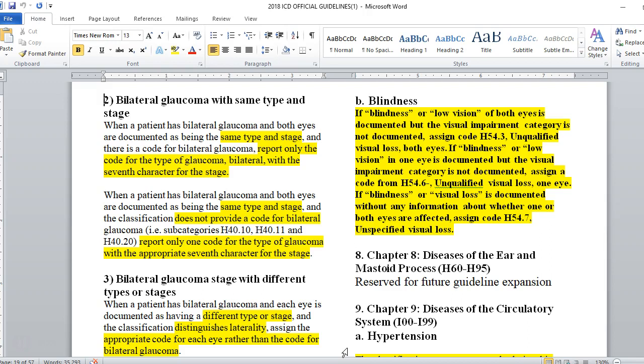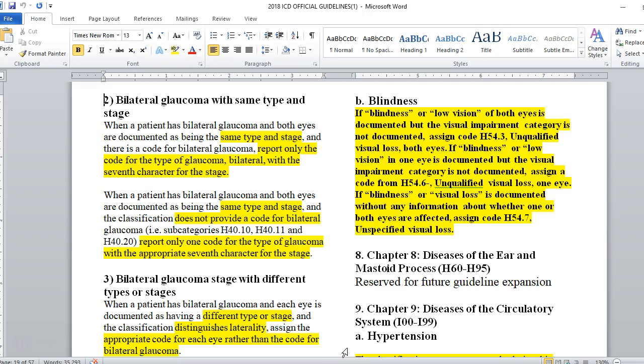Now, it is up to the specialists who work with this area of medicine to decide how to help structure these codes. And for these code categories, H40.10, H40.11, and H40.20, they have decided not to put bilateral codes here. So we have to be careful.